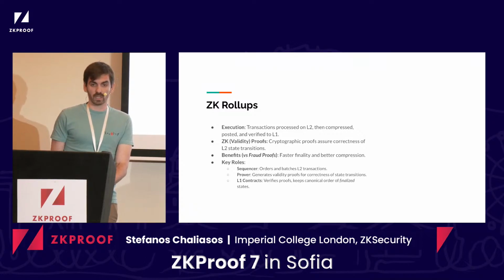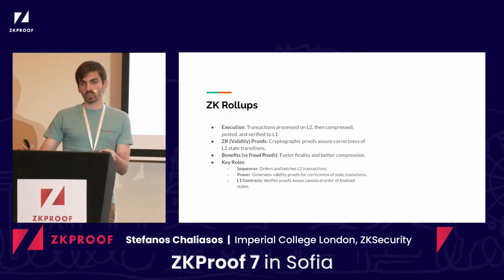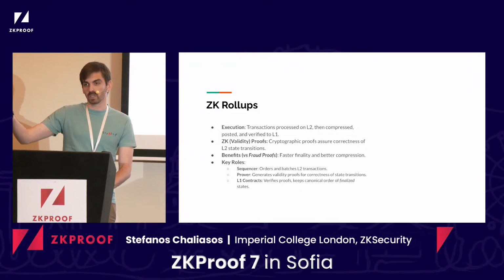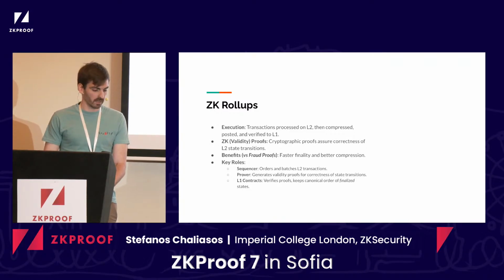And the key roles that a rollup has is a sequencer, that in most rollups at the moment is a completely centralized component that we trust blindly, that orders transactions in the L2 and batches various L2 blocks into a batch that it will post in the L1.